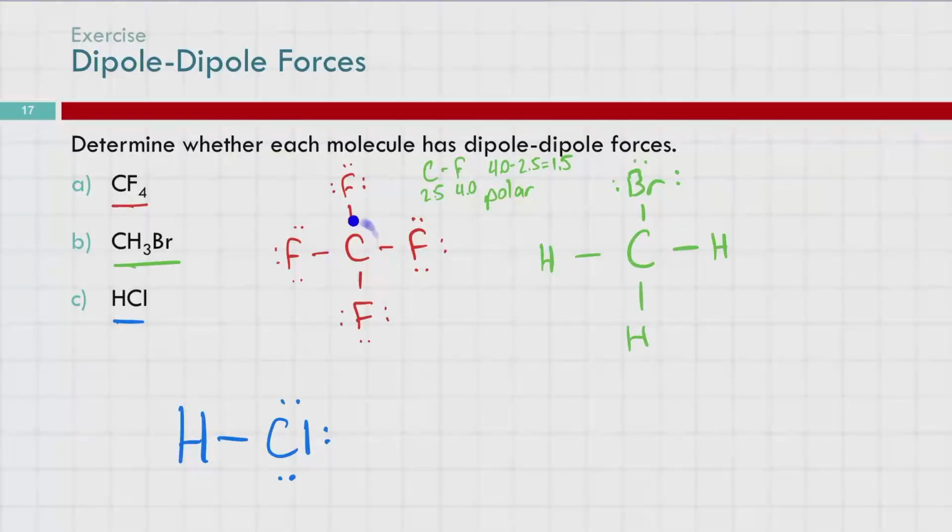We look at our central atom, which is carbon. Carbon does not have any lone pairs. That's our first condition. So no lone pairs on carbon. Check. Are all of the bonds the same? Yep, all bonds the same. All bonds equal.